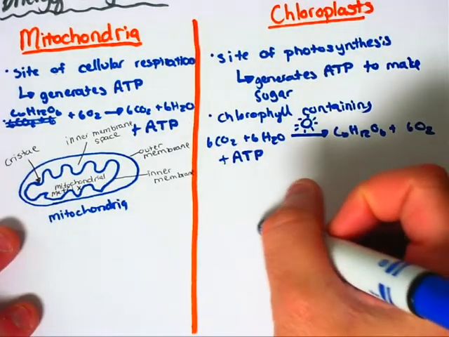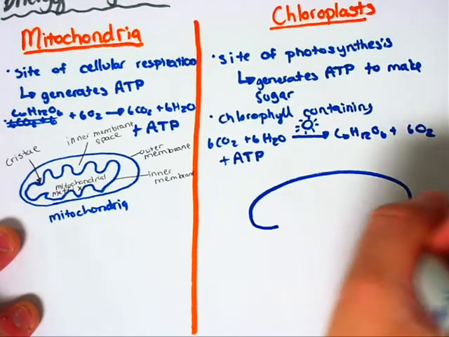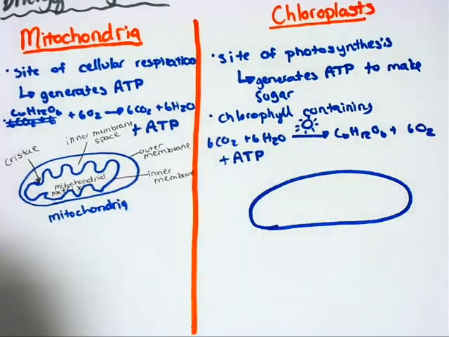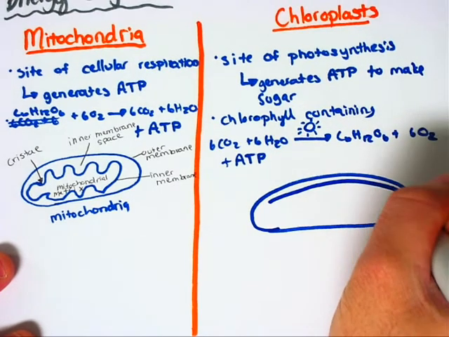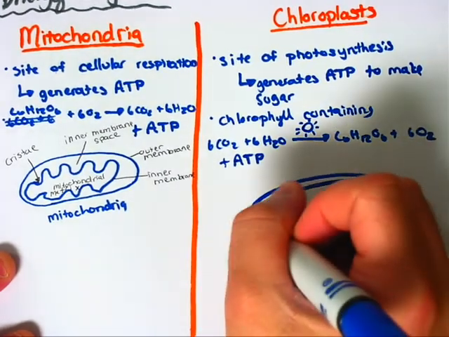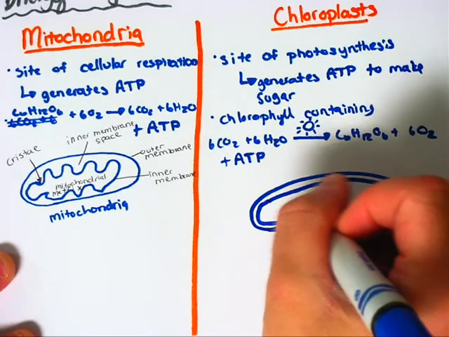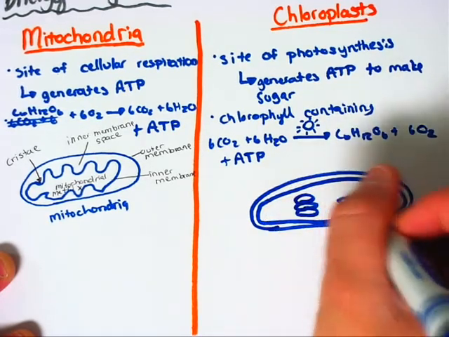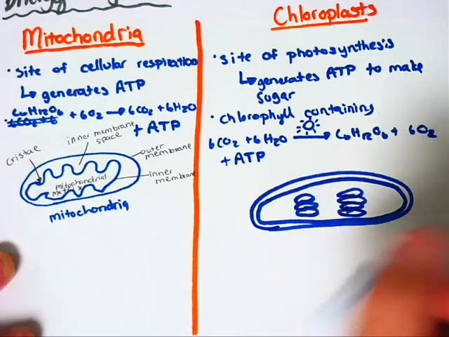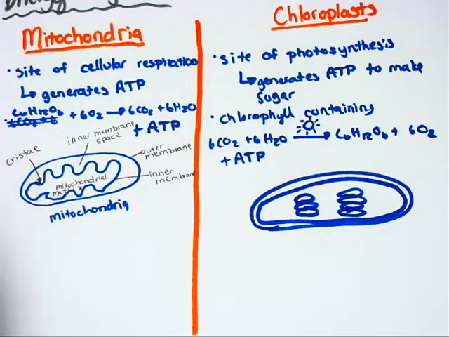And when you look at a chloroplast, you see that it's got two membranes, and you've got these stacks.